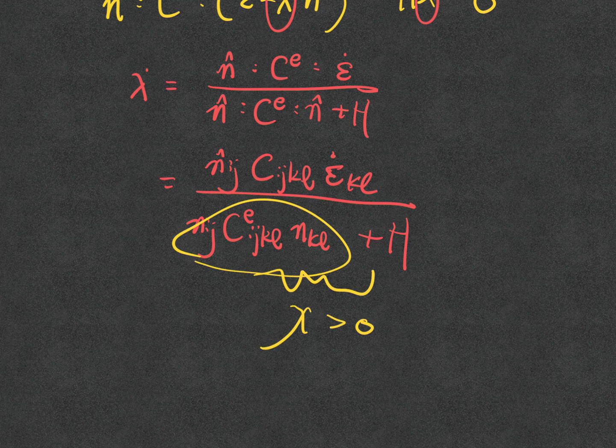And what will happen? Why is it terrible? Yeah, then your positive multiplier becomes negative. So what does that mean?